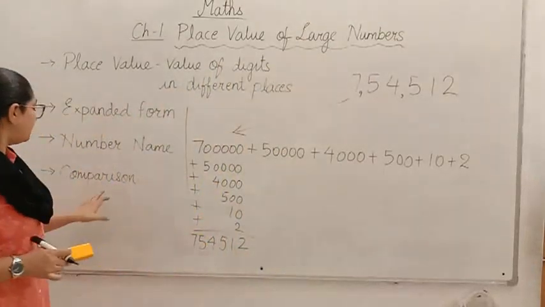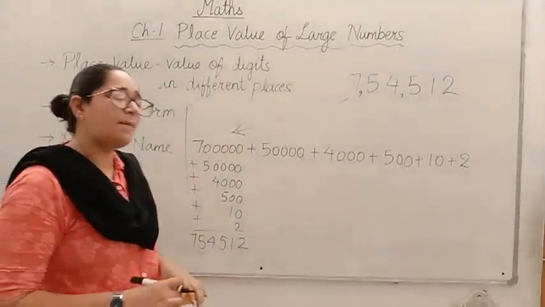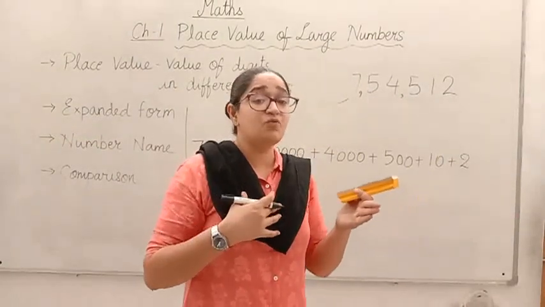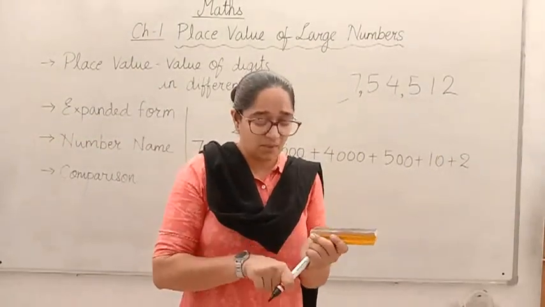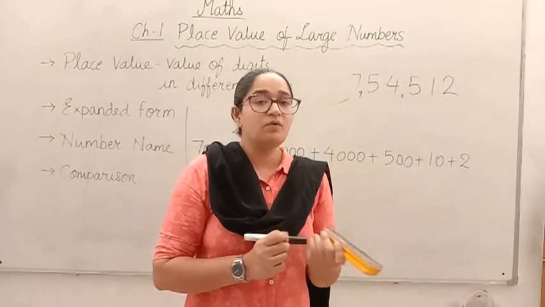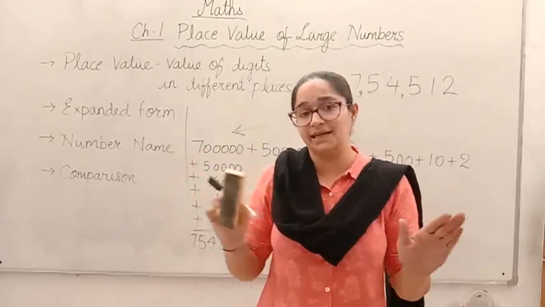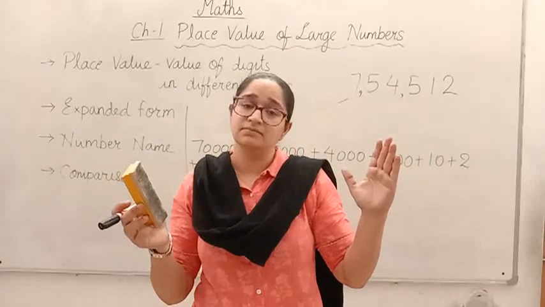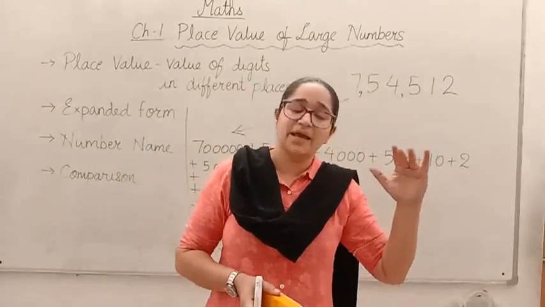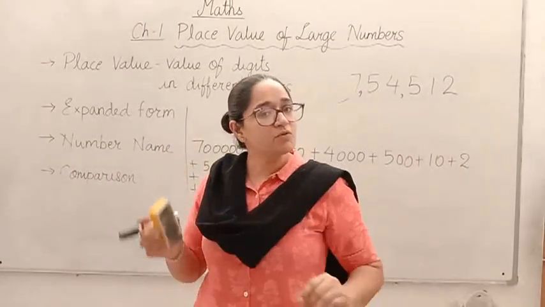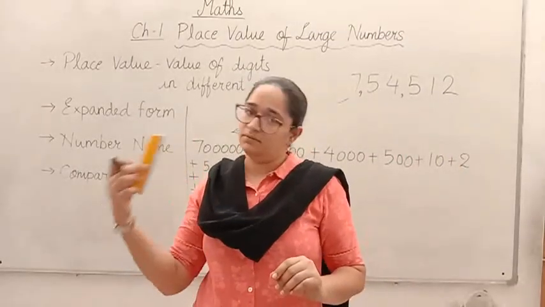Then we come to the comparison. Now comparison means comparing. You have to see which is greater. Because when we talk about numbers, we always can compare. Now which number is the greatest from 0 to 9? If I go from 0 to 9, that is 0, 1, 2, 3, 4, 5, 6, 7, 8, 9. Which one will be the greatest number? 9.